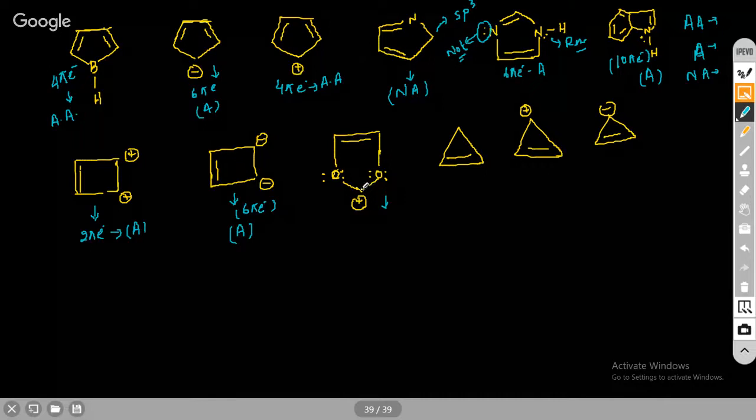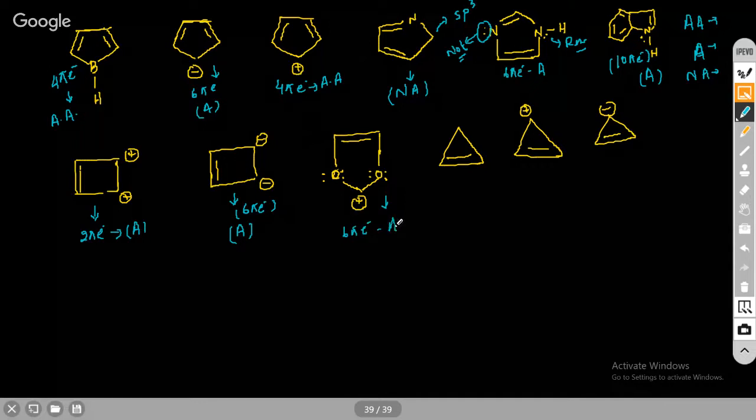Ninth one, this one. See, oxygen has two lone pair. Out of two lone pair, one lone pair on each oxygen is involved in resonance. 2, 4, 6, it has 6 pi electrons.